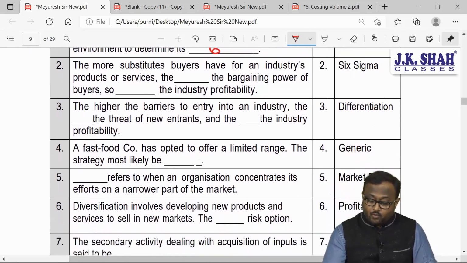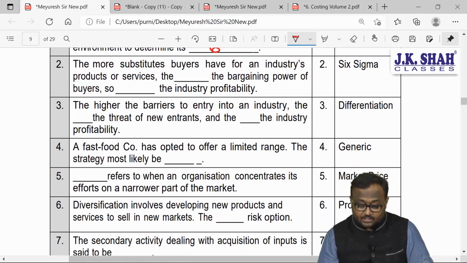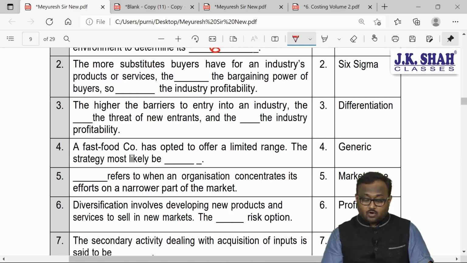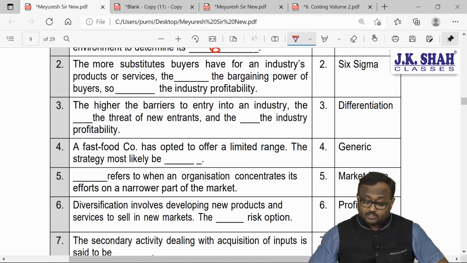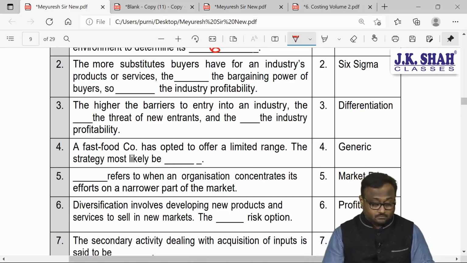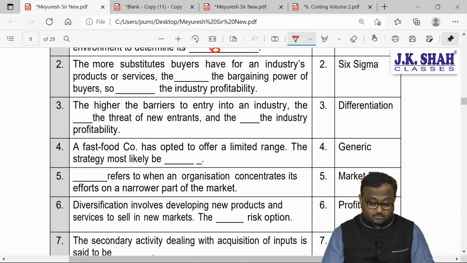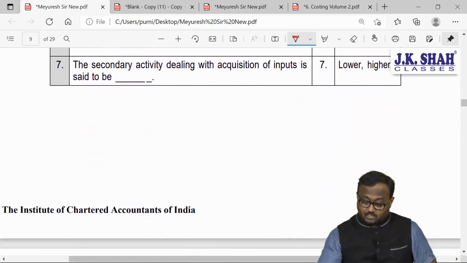Second, the more substitutes buyers have for an industry's product or services, the bargaining power of buyers, so dash the industry profitability. What should that dash be?